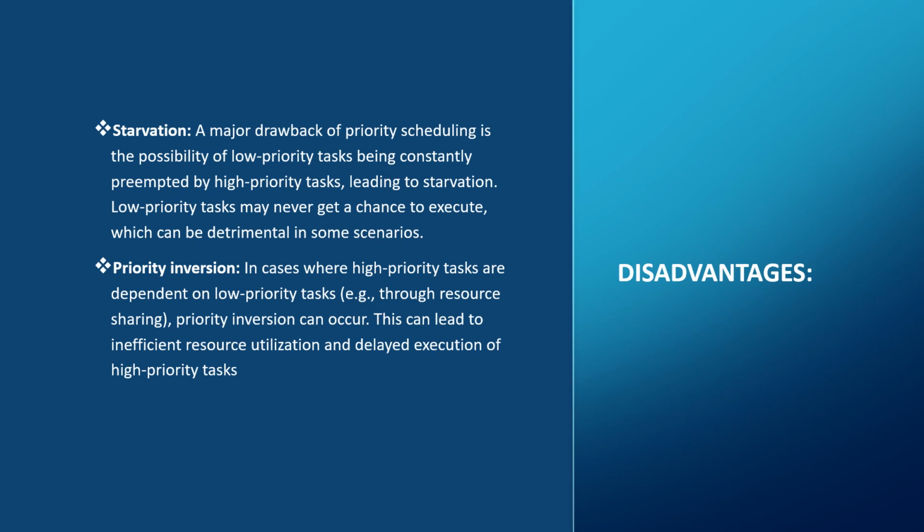Priority inversion. In cases where high priority tasks are dependent on low priority tasks, for example through resource sharing or input output resources, etc., priority inversion can occur. This can lead to inefficient resource utilization and delayed execution of high priority tasks.